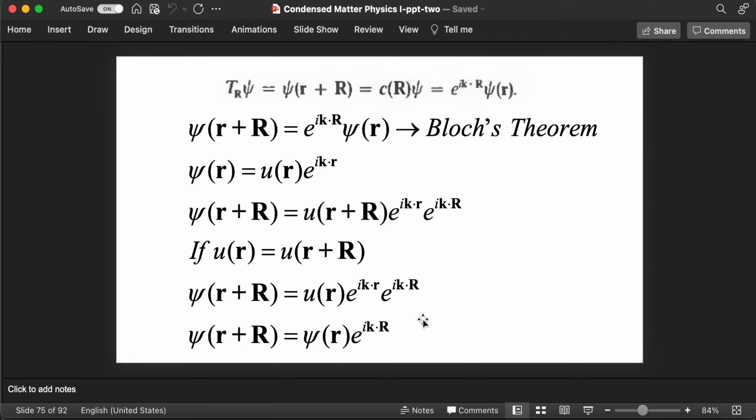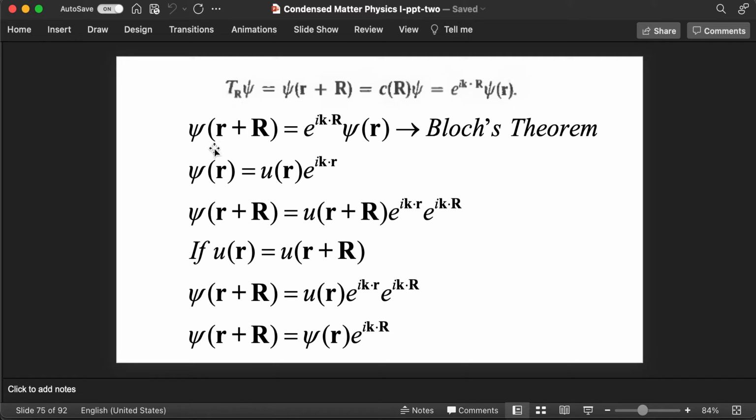So what does the Bloch's theorem say? The Bloch's theorem simply says that given a periodic potential, I can choose my eigenfunction to be a product of the standard plane wave times another function u of r, where u of r also has the same periodicity. Then such a function would give me eigenvalues for the translation operator, and therefore such a function would automatically give me eigenvalues for the Hamiltonian as well.